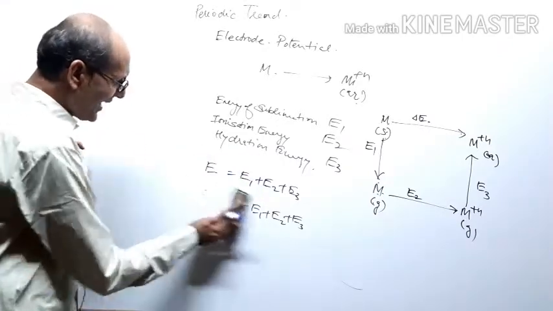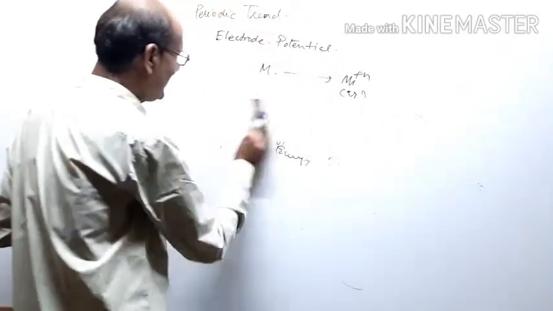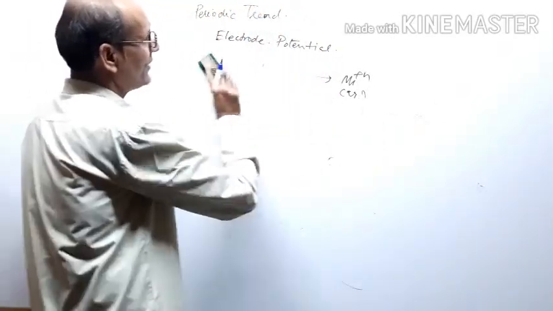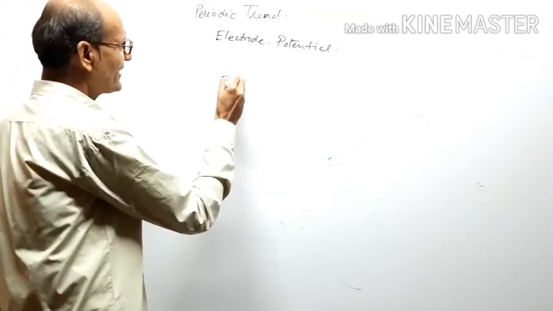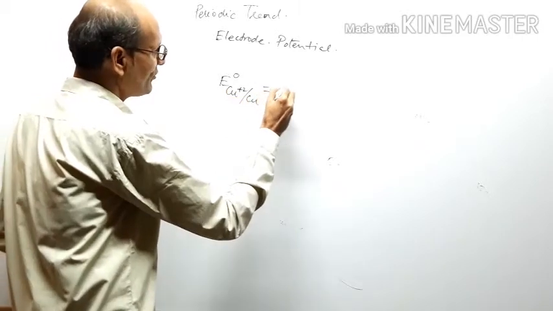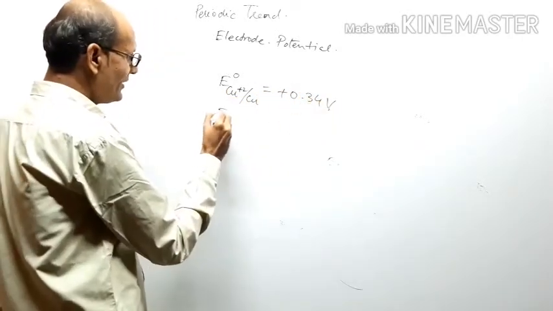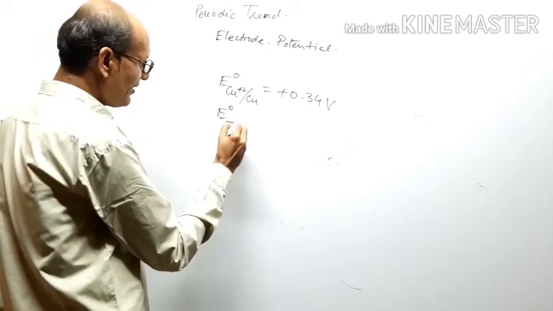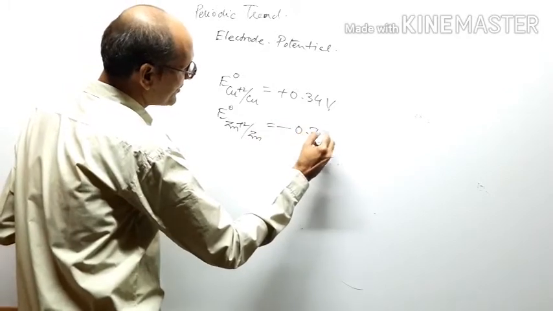Value of copper E0 Cu2+ slash Cu is equals to plus 0.34 volt, while the zinc E0 Zn2+ slash Zn is equals to minus 0.76 volt.